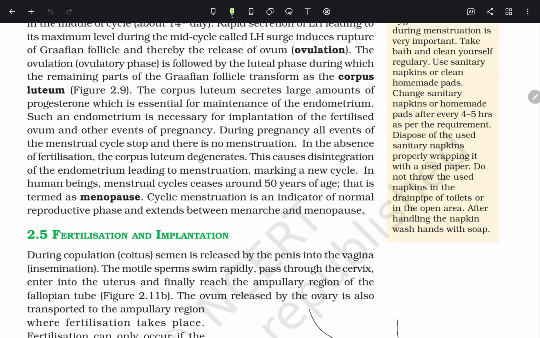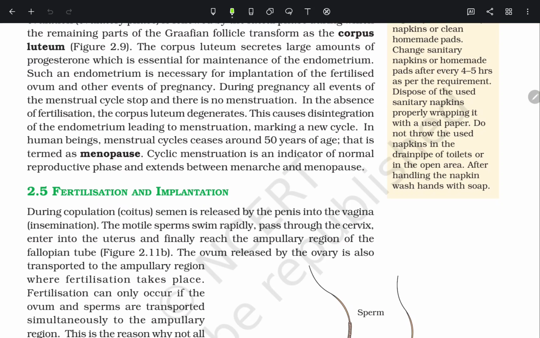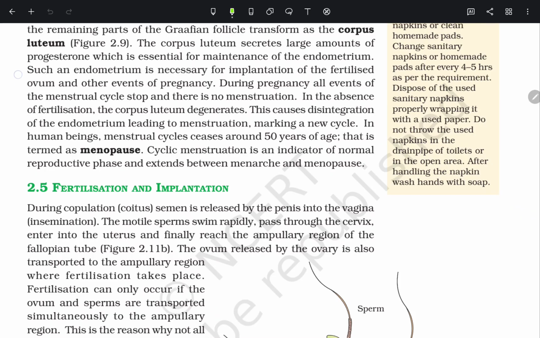Ovulation is followed by the luteal phase, during which the remaining parts of the Graafian follicle transform into the corpus luteum. The corpus luteum secretes large amounts of progesterone, which is essential for maintenance of the endometrium.